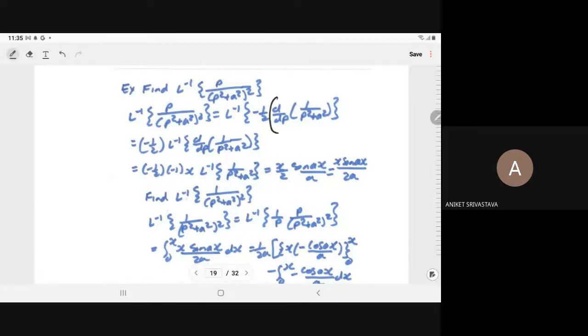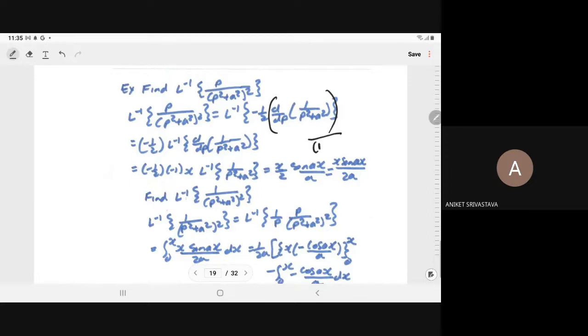Means what is the derivative of 1 upon p square plus a square? In the denominator it will come (p square plus a square) whole square, and the derivative of p square will be 2p, and here we have the minus, so minus 2p.